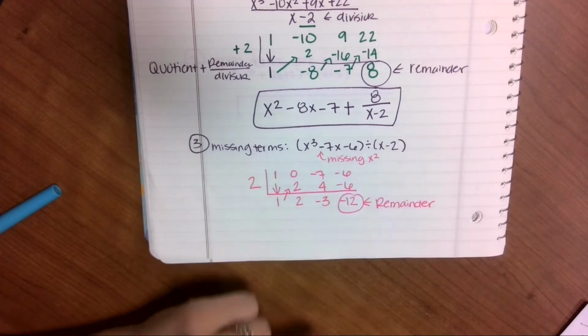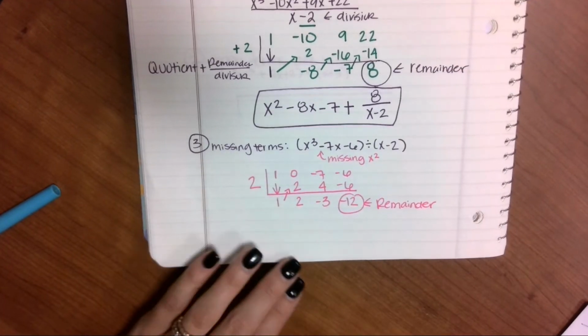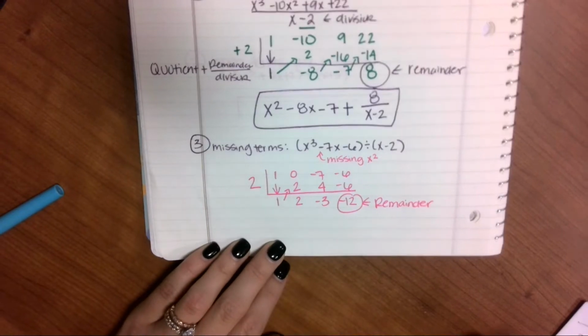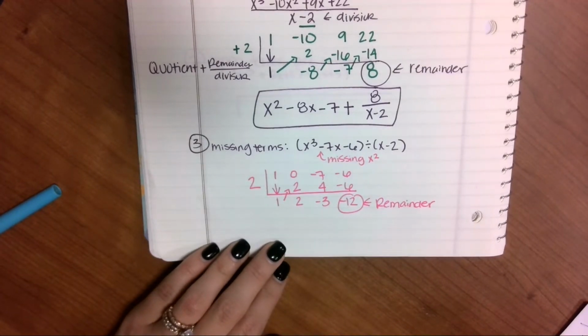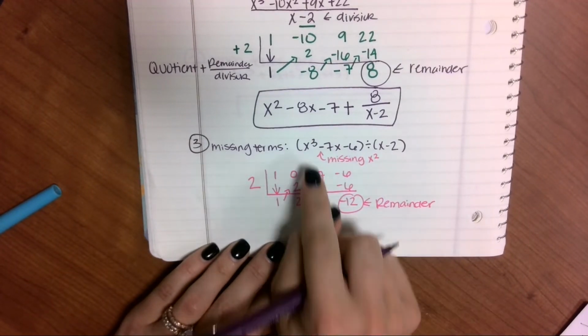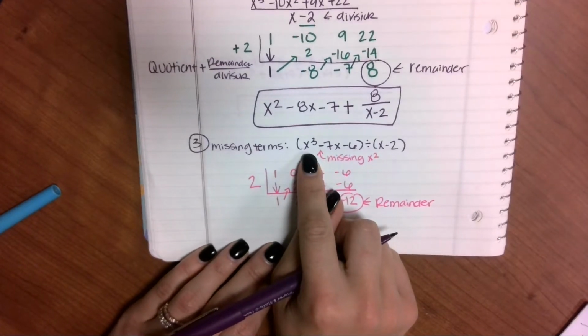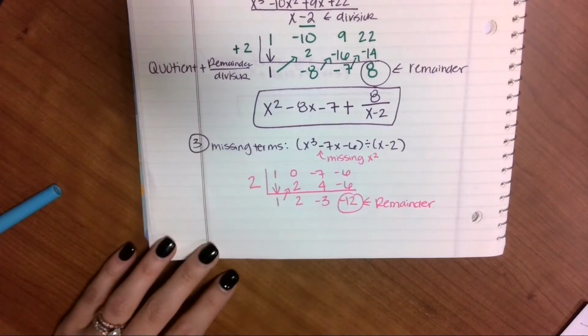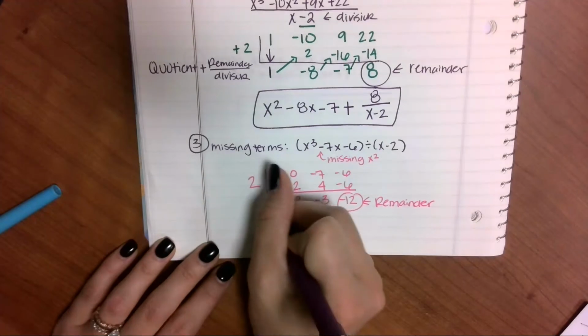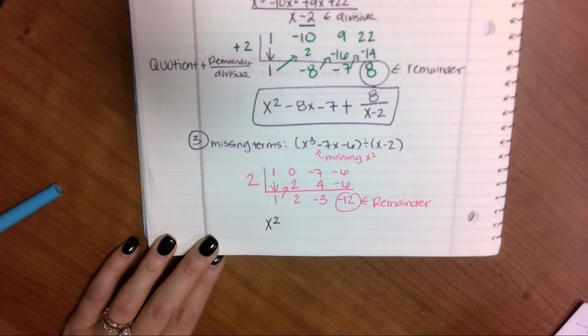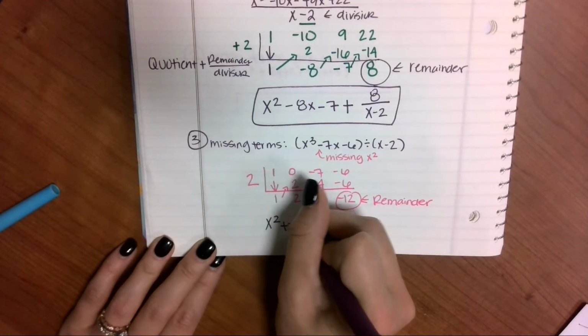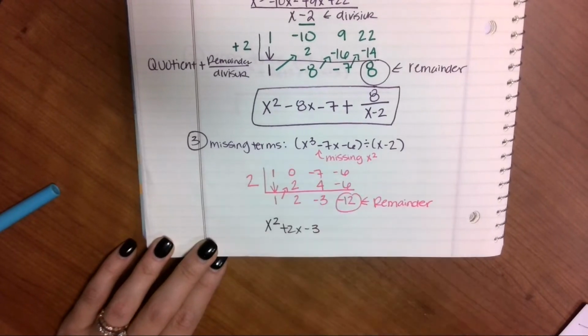How many exponents am I going to have in the first term? So if I started with x cubed, I'm going to have 1 less than the x cubed, so it would be x squared, plus 2x minus 3.